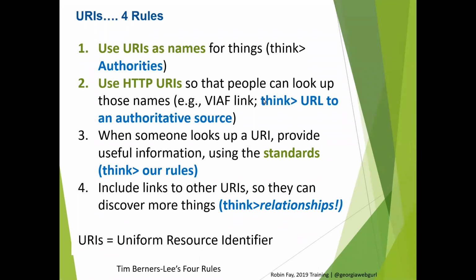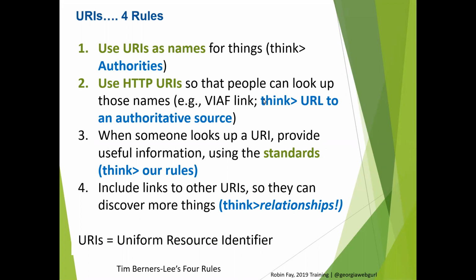So Tim Berners-Lee has 4 principles, and we're starting to look at how we apply these currently and what we're going to do for the future. These are the URI principles for best practice in data modeling. The first: use URIs as names for things. Well, that's a whole lot, but the key is names for things.